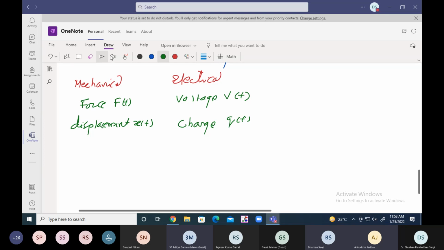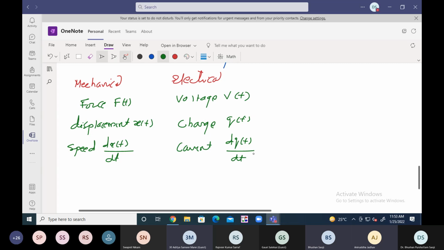Now see here, there is a speed, that is dx of t by dt. Similarly here, sorry, the current, that is dq of t by dt.